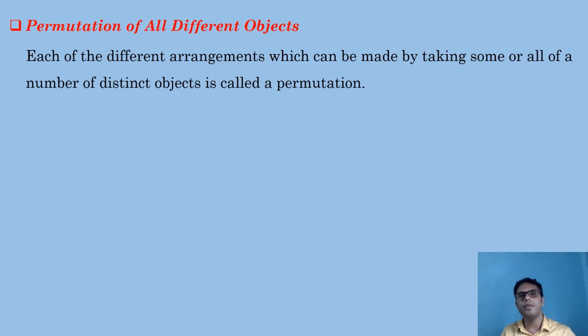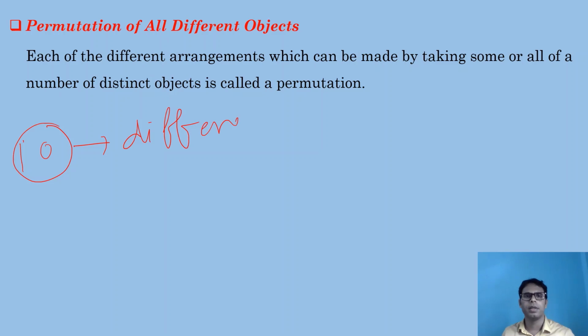You see, each of the different arrangements which can be made by taking some of the objects or all of the objects given. Say you have 10 objects, all different. You may take some of these objects, meaning 5 or 6 or 7 of them, or all of them, at a time.